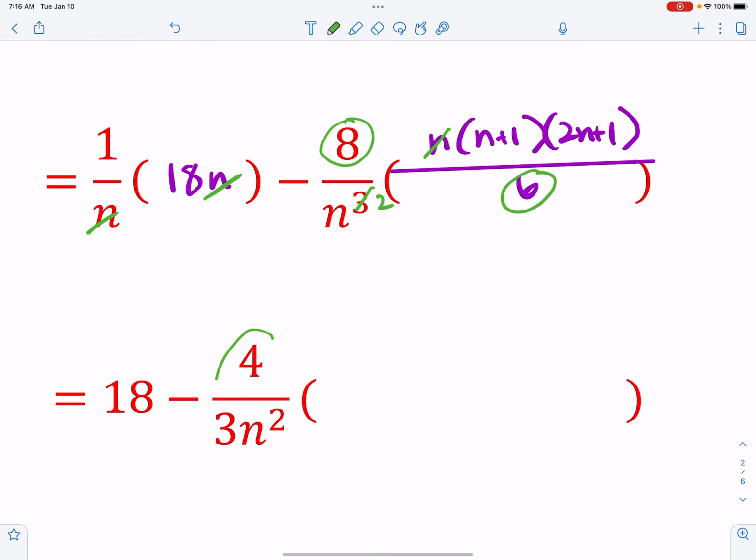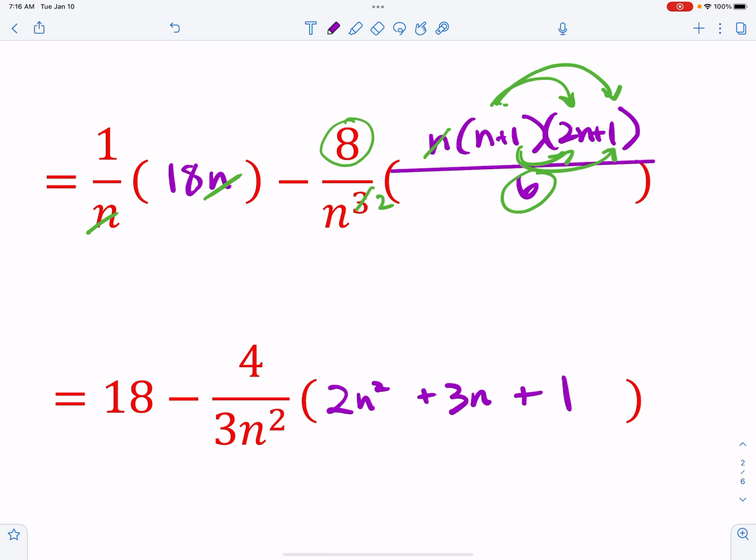So that's how we end up with the 4 over 3n squared. So 18 minus 4 over 3n squared. And then we just want to multiply out that product, n plus 1 times 2n plus 1, and that becomes 2n squared plus 3n plus 1.